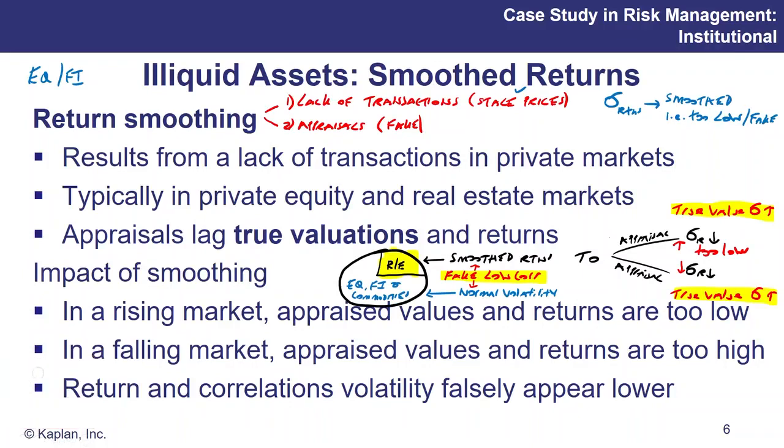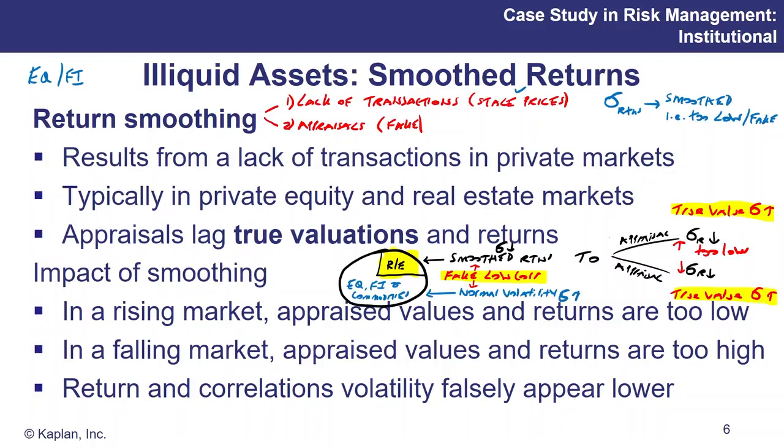So the return volatility there is relatively smoothed and far too low. When you compare this to the other asset classes that have actual transactions, the volatility of those is normal, so it's going to be a lot higher. This is the key point: the correlation between these two looks falsely low.